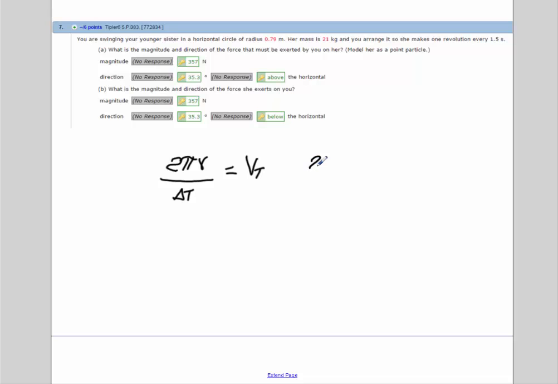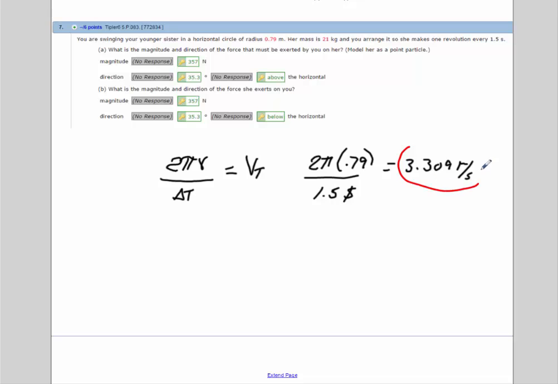So we do 2 pi times 0.79 divided by 1.5 seconds. Run that real quick: 2 times pi times 0.79 divided by 1.5, and that's going to give us a tangential velocity of 3.309 meters per second.